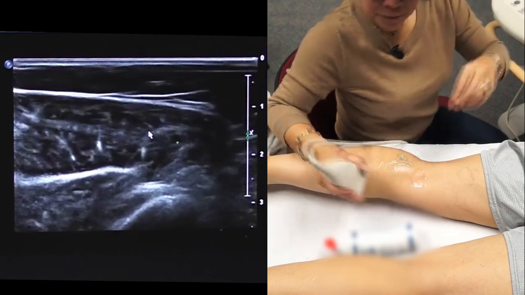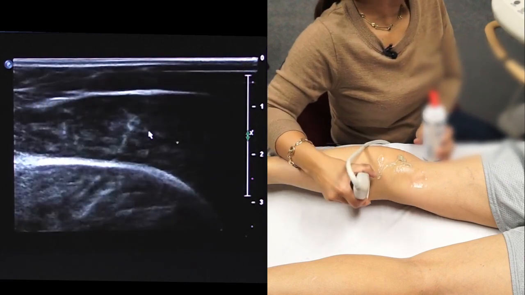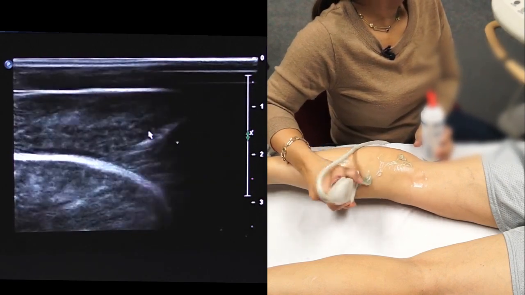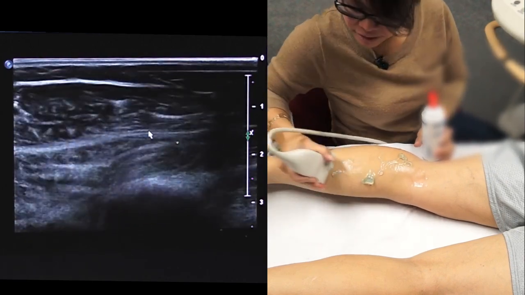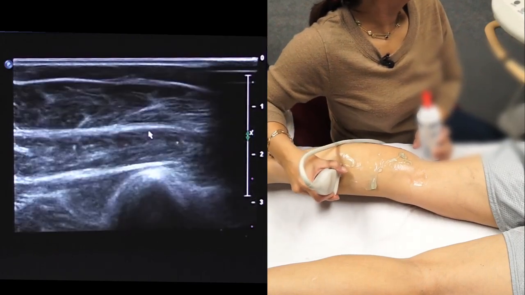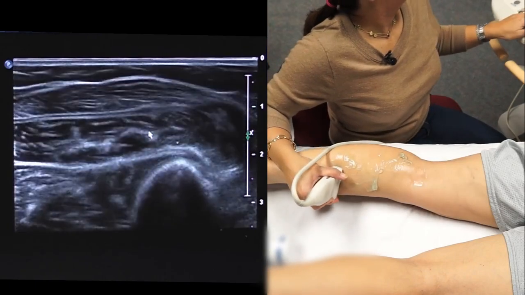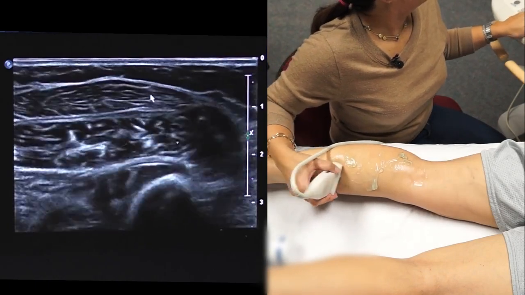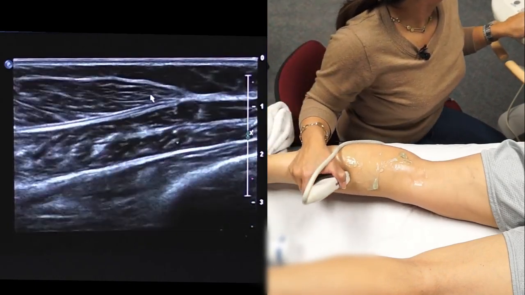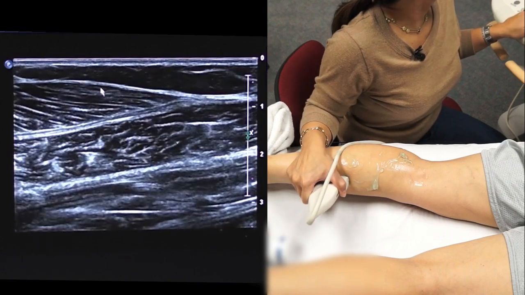But if you follow the medial head of the gastrocnemius, more gel here, towards its insertion into the tendon, here we are at the myotendinous junction, and I'm turning in long axis. So here we are, this is the medial head of the gastrocnemius.